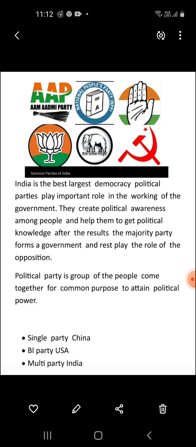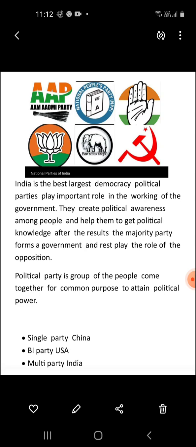Now let's see what is voting behavior. It is a study that determines how people come to a conclusion and why people vote, and what the expectations of the people are from the candidates. Now, the factors which influence the voting behavior.